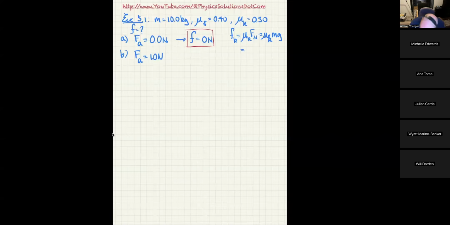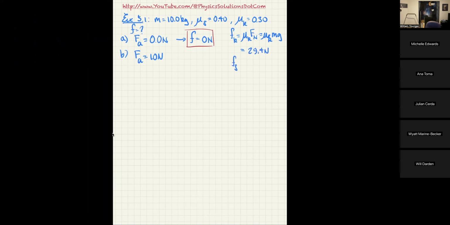So the kinetic friction in this case would be 0.3 times 10 times 9.8, and that gives me a kinetic friction force of 29.4 newtons.